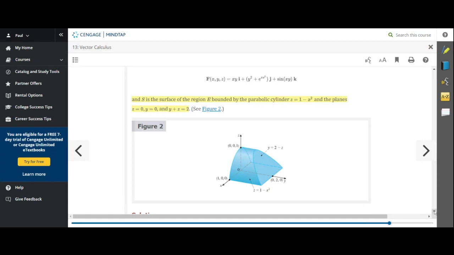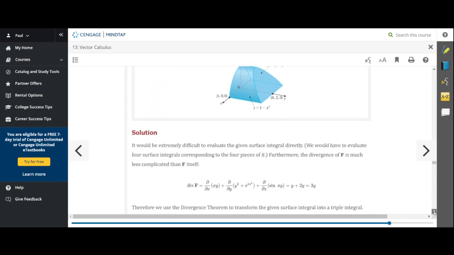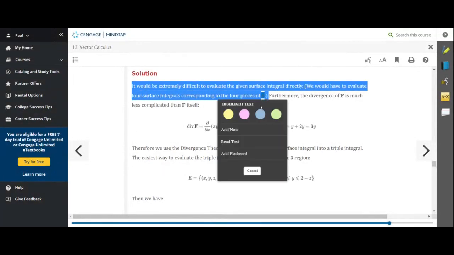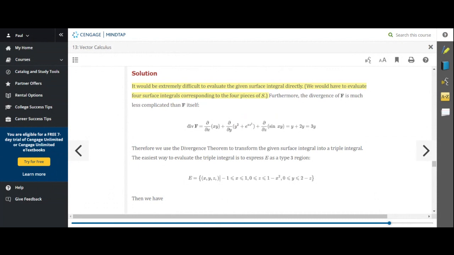Let's continue. So they mention here that it would be extremely difficult to evaluate the given surface integral directly because you'd have to evaluate 4 surface integrals. I mean, you could do it.